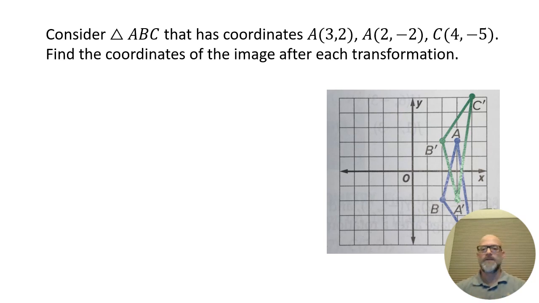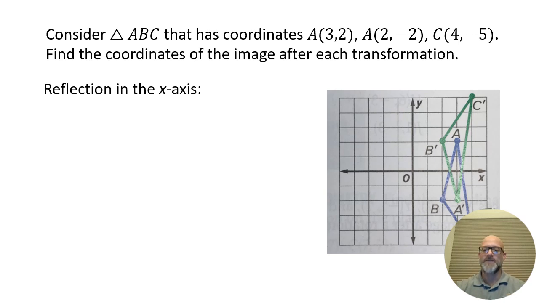All right. Consider the triangle ABC that has the coordinates 3, 2, 2, negative 2, and 4, negative 5. What's happening here? What kind of transformation? It's a reflection about the x-axis. It is not a translation.